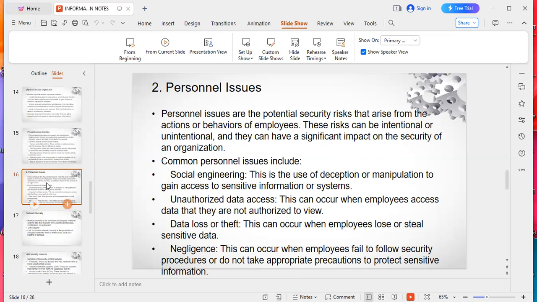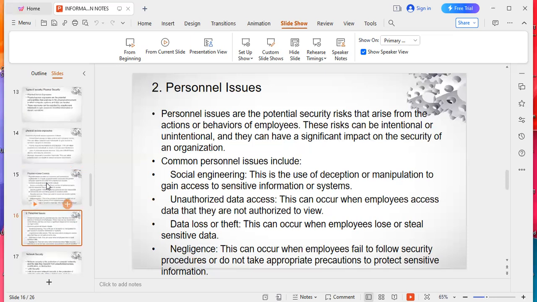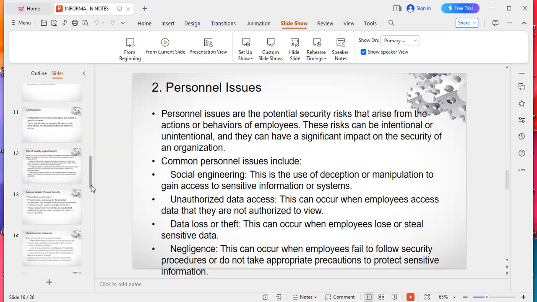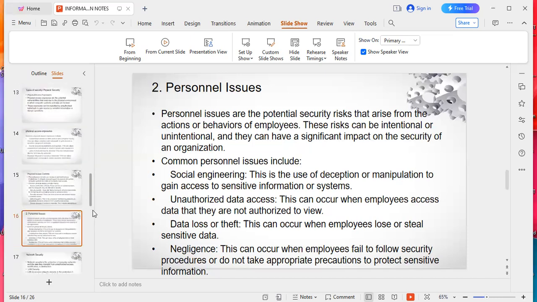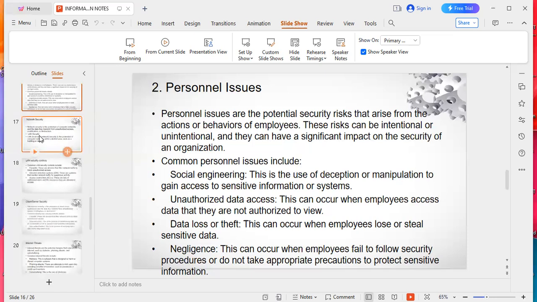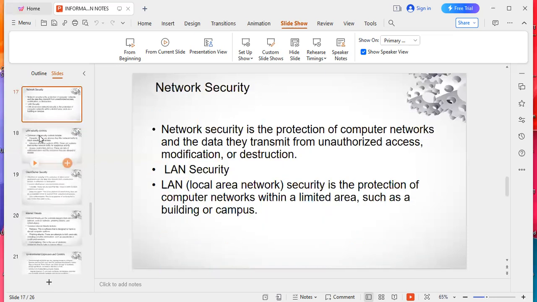I gave you a good example where somebody may ask you for your password for upgrading purposes. This is social engineering. We have unauthorized data access, which can occur when employees access data they are not authorized to view, or data loss, or simply negligence. Those are examples of personnel issues that can bring problems with security.